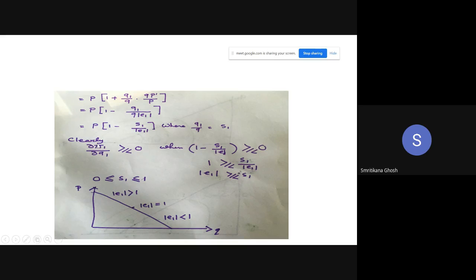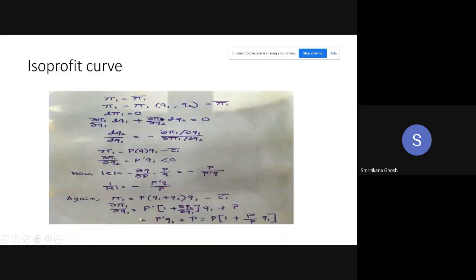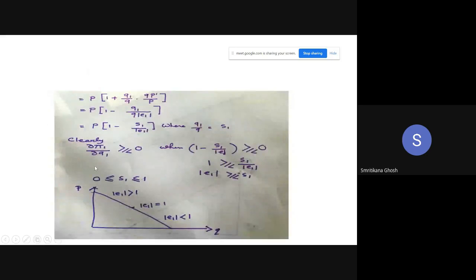Look, this is del pi 1, del Q1. So you have del pi 1, del Q1 equal to this. So it will be greater than, equal to, or less than 0 if your right hand side will be greater than, equal to, or less than 0. And if it is, then 1 is greater than, equal to, or less than S1 by E1. Or if you take that E1 here, then mod E1 is greater than, equal to, or less than S1.